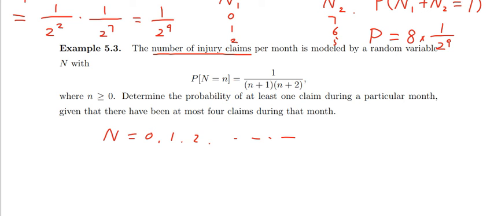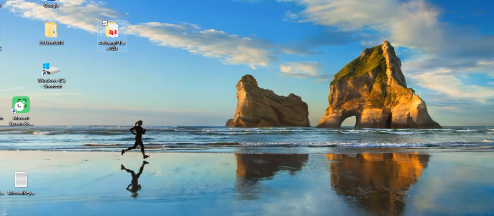So we want to find the probability of at least one claim, given that there have been at most 4 claims. So this 'given that' is a conditional probability. We just check this condition.